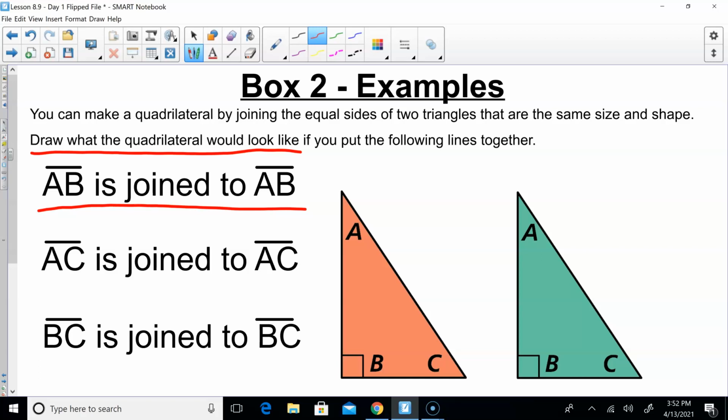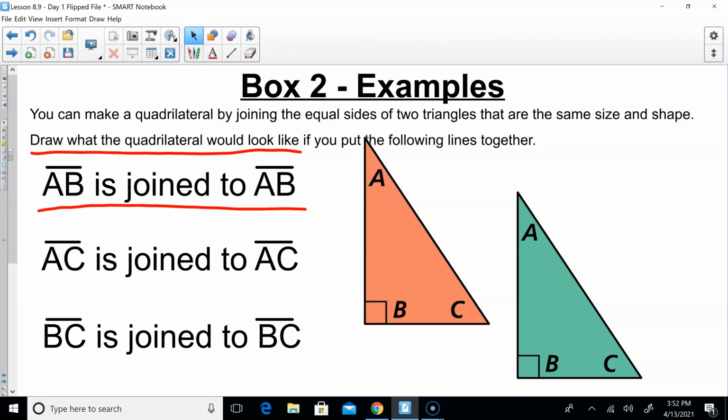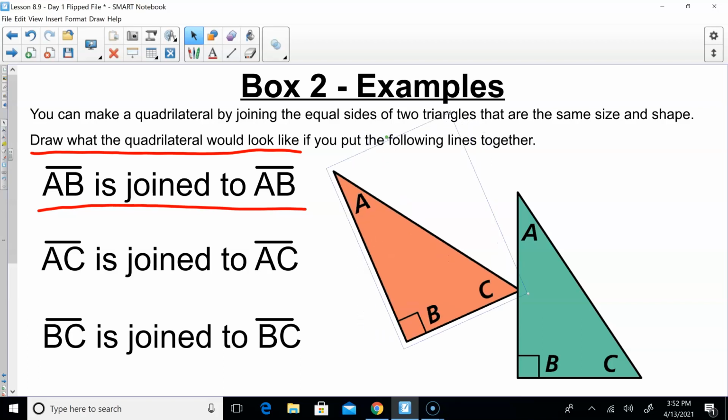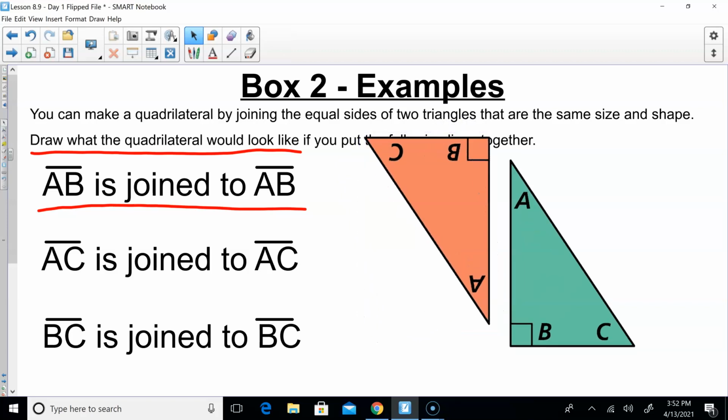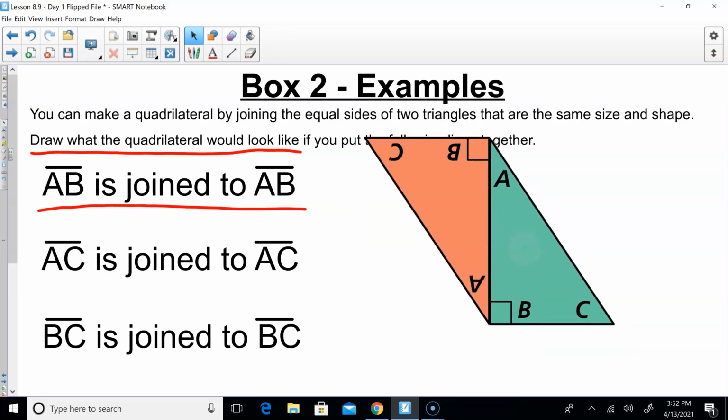Well, let's find out. If we take our pointer, we have the first shape right here, and now we're going to take A and B. Here's our line. We're going to take this one and spin it this way to be like this. We'll take this A and B and put it right there. Now you're going to notice that A and B don't necessarily match.